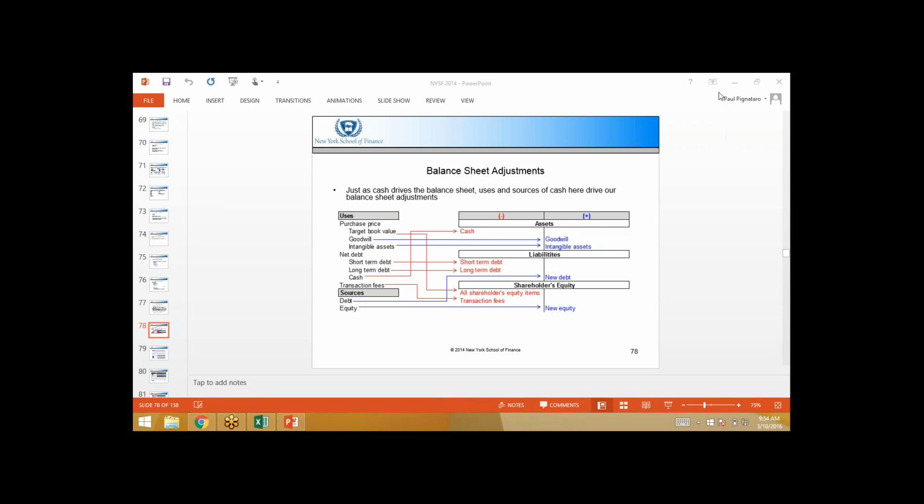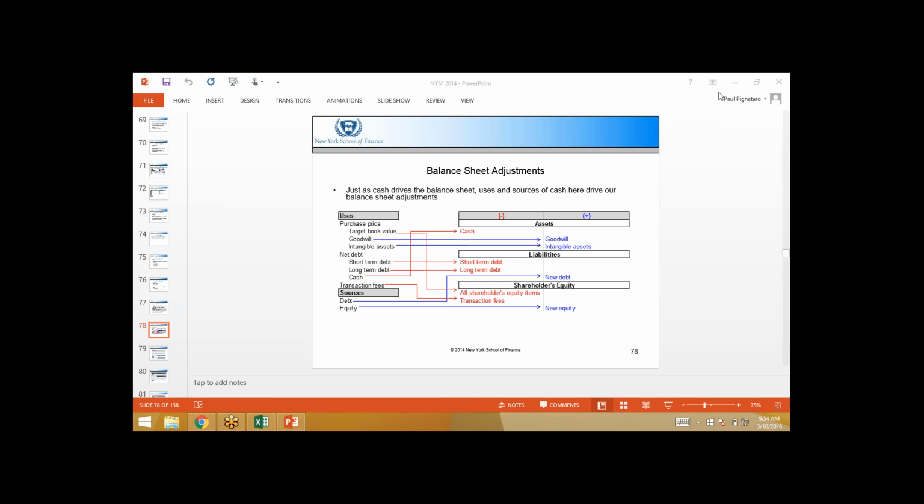Fees are an expense and should hit net income, but I'm not going to see 2015 net income. So where does net income plug immediately? Retained earnings. This is a negative impact to retained earnings. It will reduce retained earnings because it hits net income immediately. And that is exactly what will keep your balance sheet adjustments in balance.